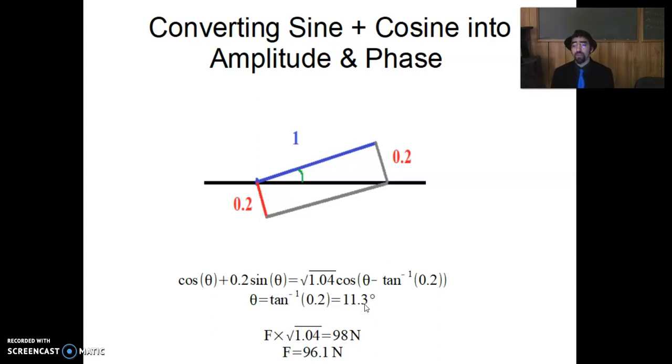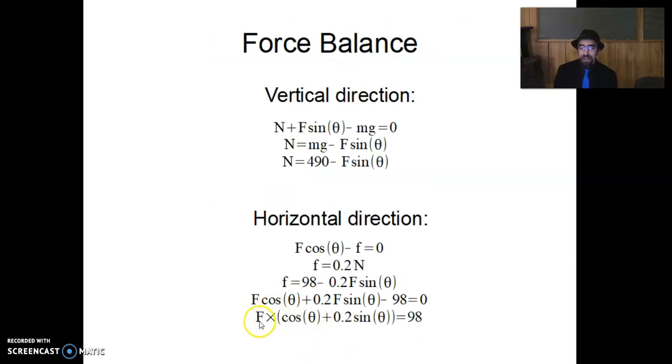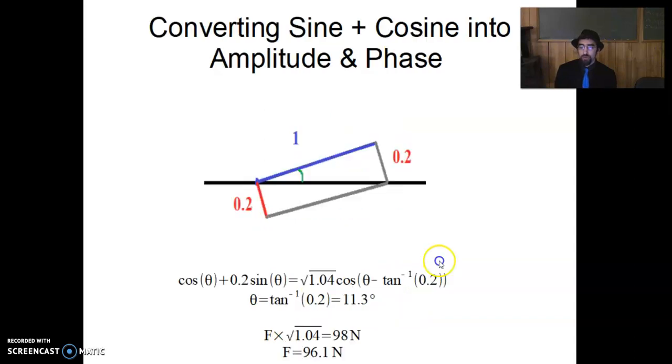And lastly, it asks, what is the minimum force? Looking back at the original equation, I said F times this cosine plus 0.2 sine thing equals 98. I said that this cosine plus 0.2 sine is square root 1.04 times cosine of some angle. So that gets maximized at square root of 1.04.